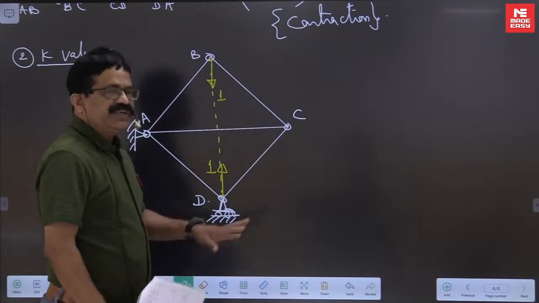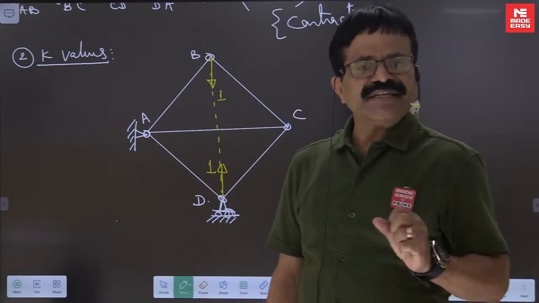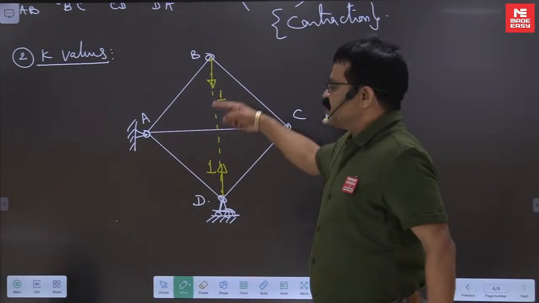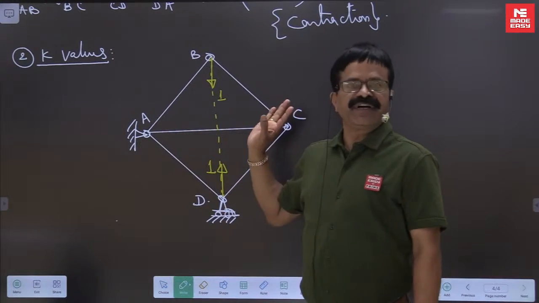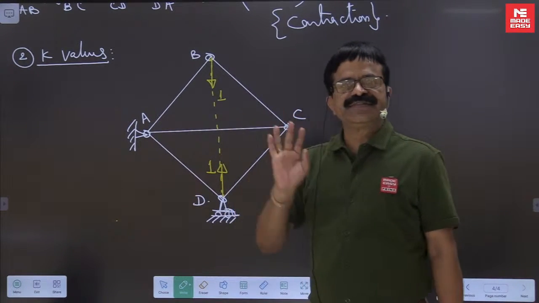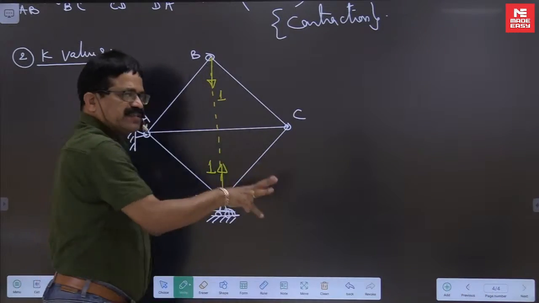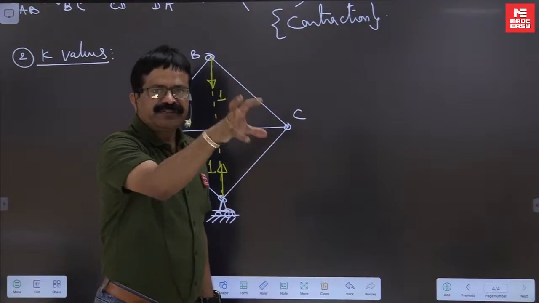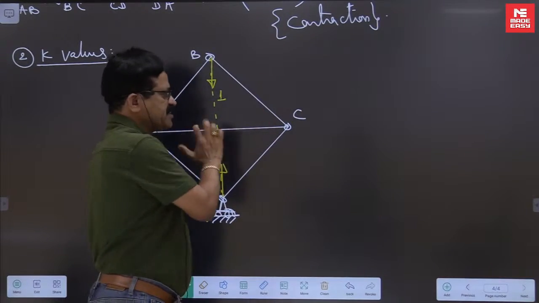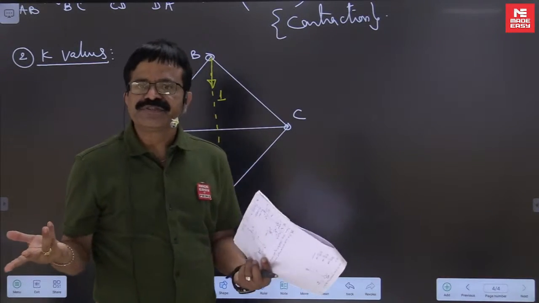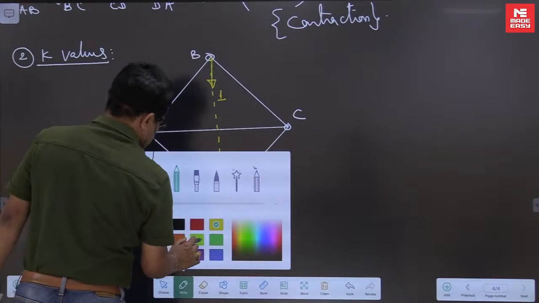Now, we have learnt that if any statically determinate structure is subjected to a system of forces which are already in equilibrium, support reactions will not develop. The support reactions will not react to that. That means your support reactions are 0.